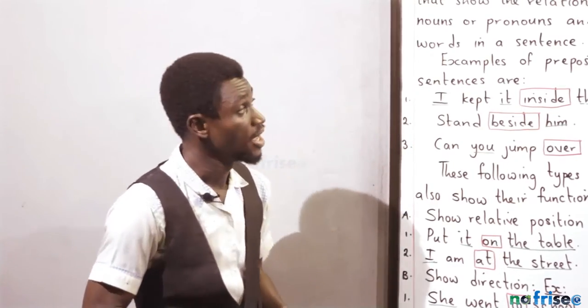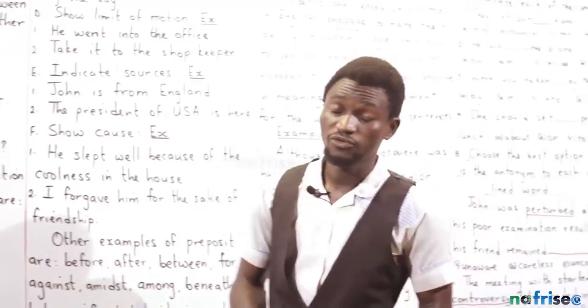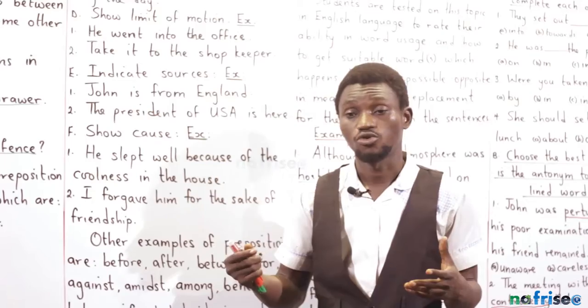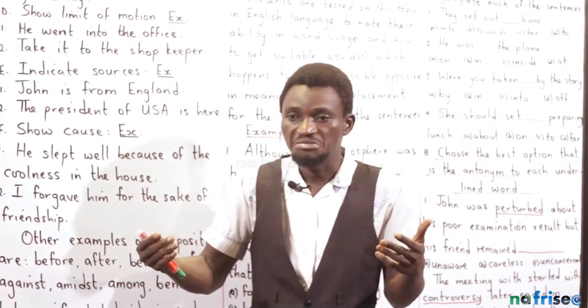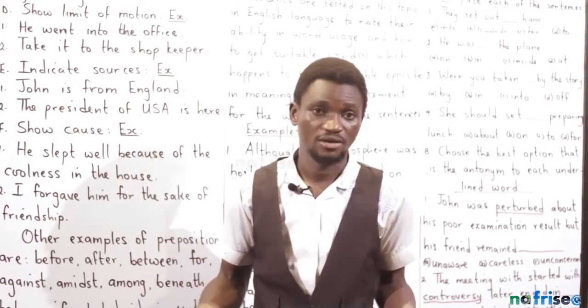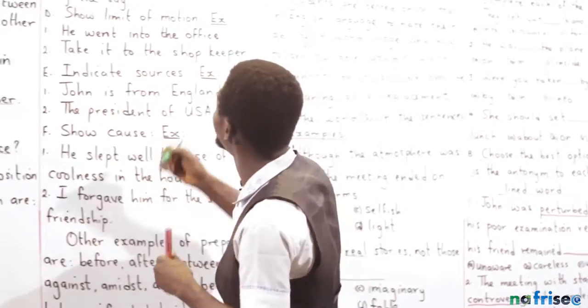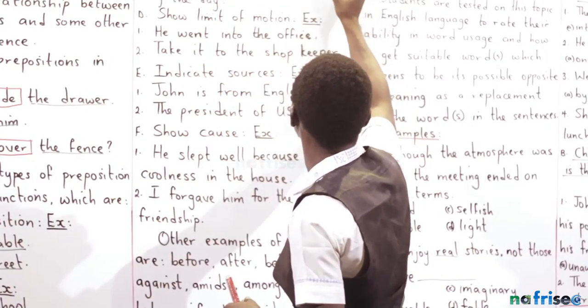Now the third function indicates time. So there are some prepositions which indicate the time a particular thing happened, or the time that two nouns or pronouns got related, got linked. Now let's look at the nouns or pronouns here. We've got you, then we've got noon.